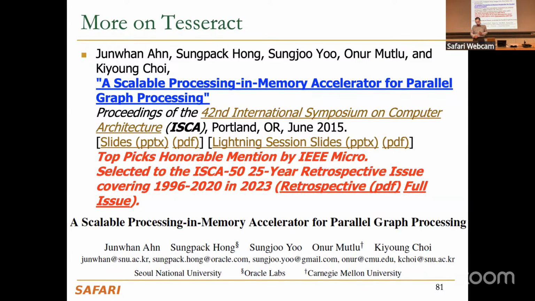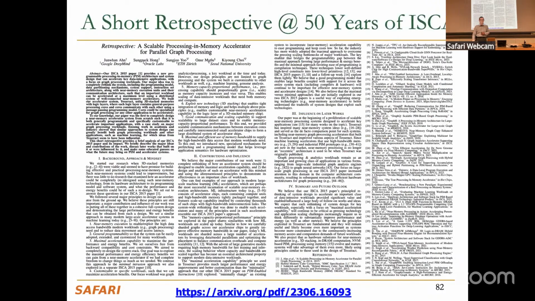That's not a trade-off. And even though people originally rejected our paper multiple times, they decided it was actually an important paper, so they included it in this 50-year issue of ISCA. But again, time heals a lot of issues. So if you're rejected today, think 20 years down the road.